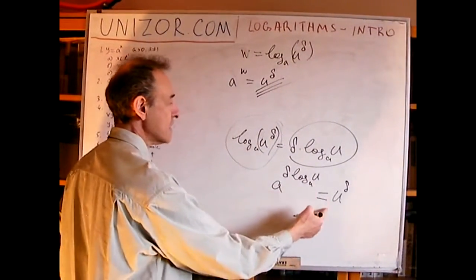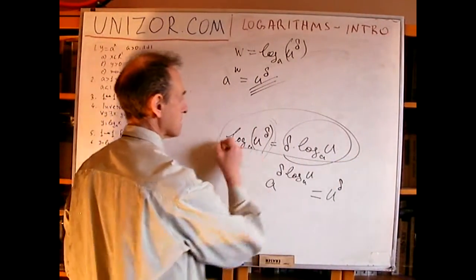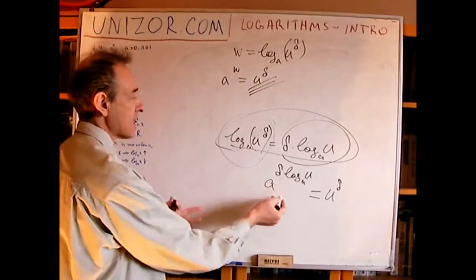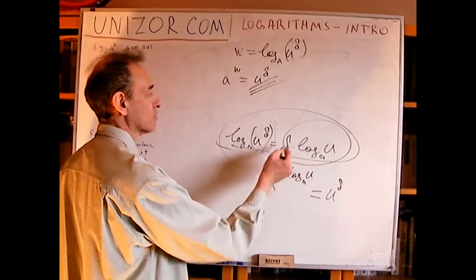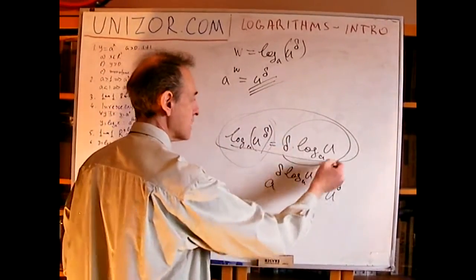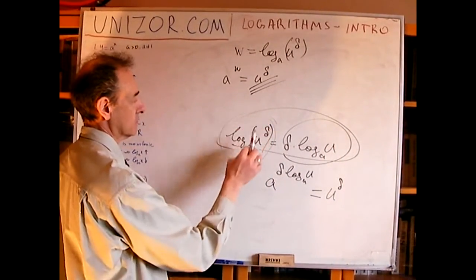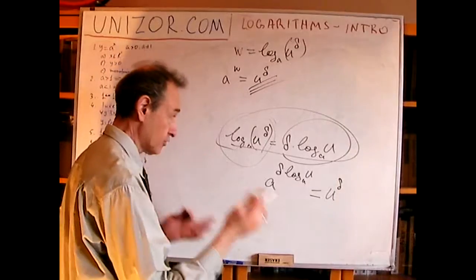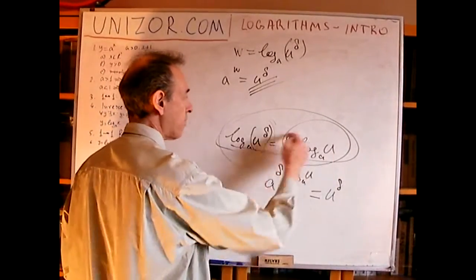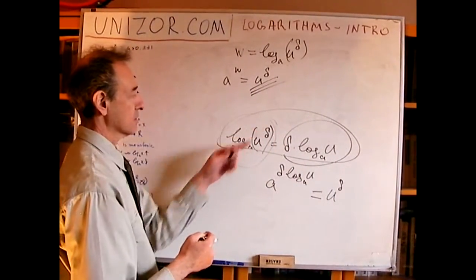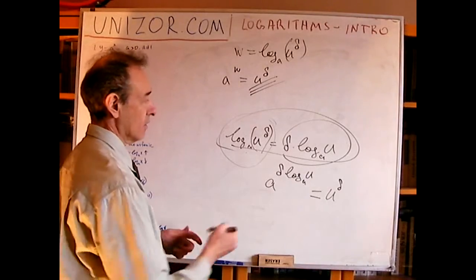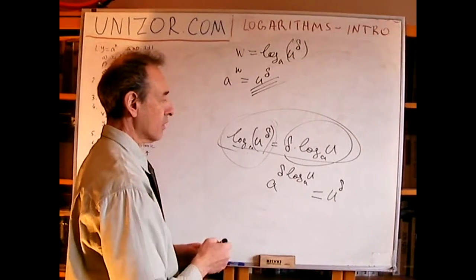If I prove this, then I will prove this, because this is exactly the same thing. If I want to show that this is the logarithm of u to the power of delta by the base a, I have to prove that a to this power gives me u to the delta. Now, is it true or not?